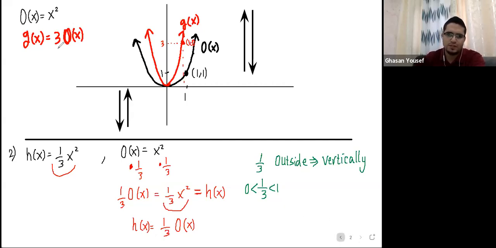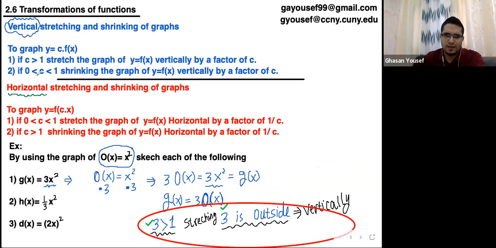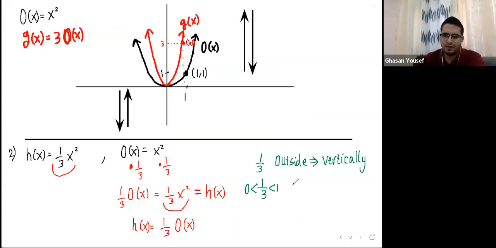You have to go back to the rules: vertically, and C between 0 and 1, I have to do shrinking to the graph of y equal f of x. My original function in the question is O of x equal x squared. So I have to do shrinking to my original function. Okay, let's do it. So here means shrinking.